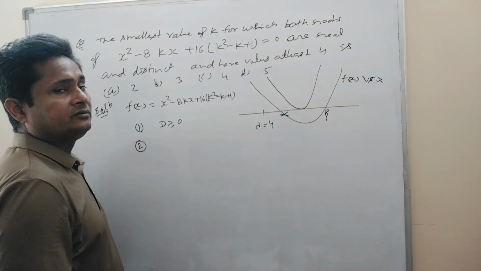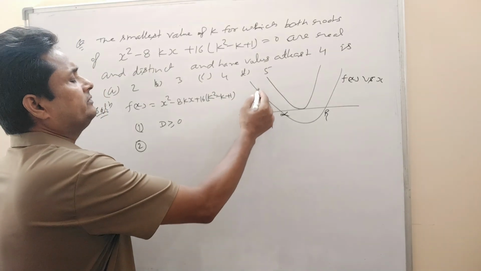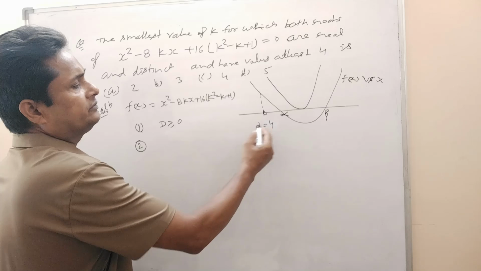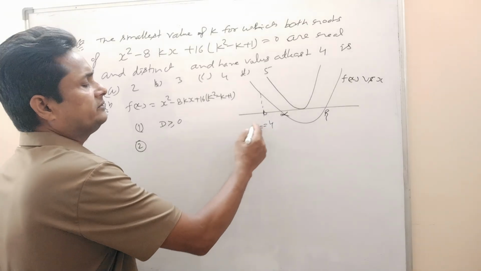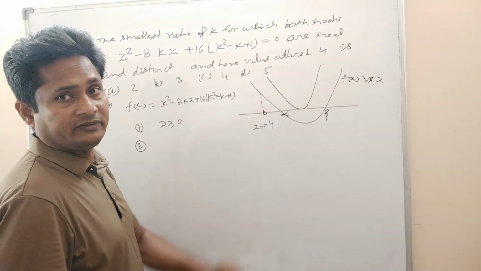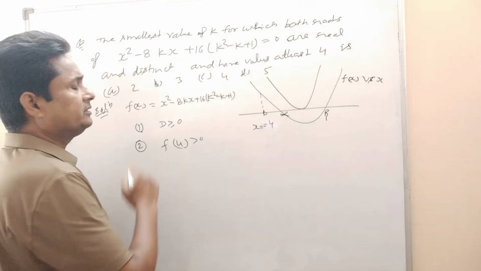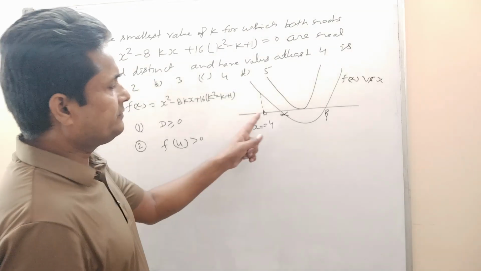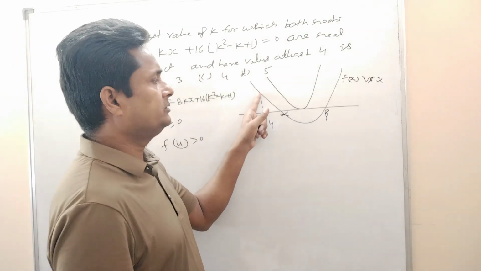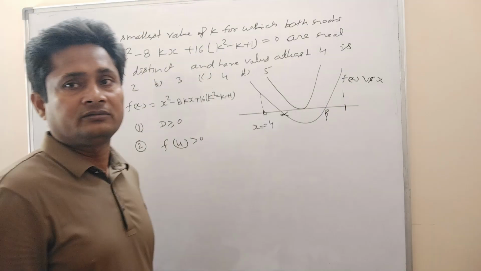Second condition, what can be the case? If I find value of fx at x equal to 4, it is giving positive value. That means f of 4 should be greater than 0. But f of 4, if 4 is here, then positive, and if 4 is this side, then also it is giving positive value.